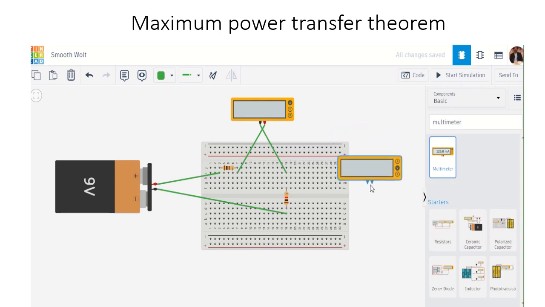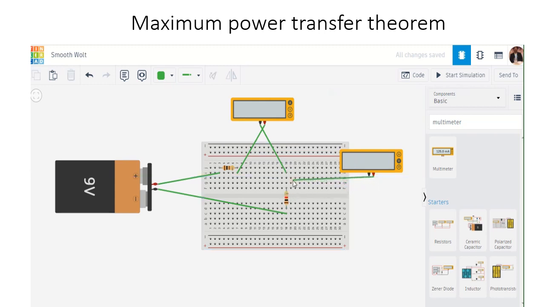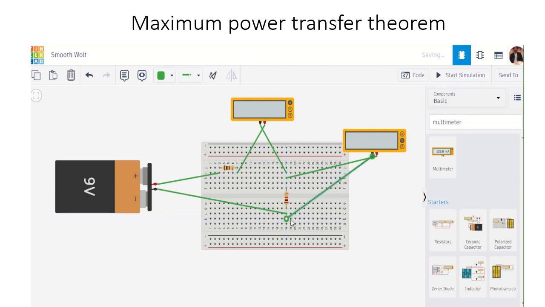This meter is going to measure the voltage across this load resistor. Therefore, positive is connected to the upper terminal, and negative is connected to the lower terminal of the load resistor. Now I am going to vary this resistor and note down the readings.